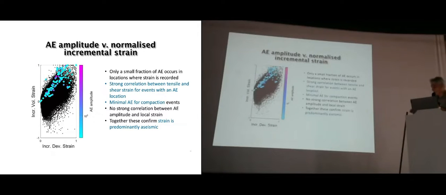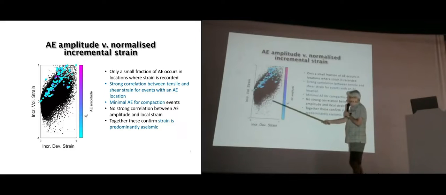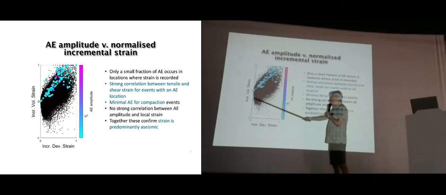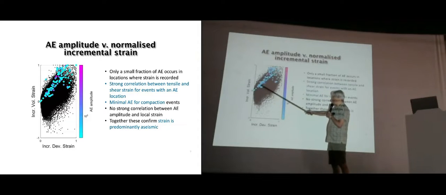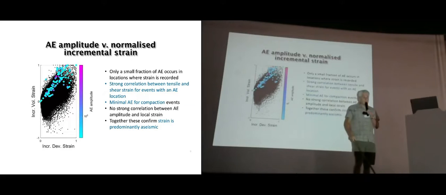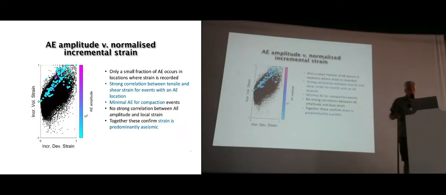But what we do see is that there's a very strong correlation. These are all of the acoustic emission events, all of the strain events. This is the deviatoric against incremental volumetric strain. And the acoustic emissions, in the color here, the acoustic emission amplitude, are preferentially picking zones where the dilational and the volumetric strain are correlated.